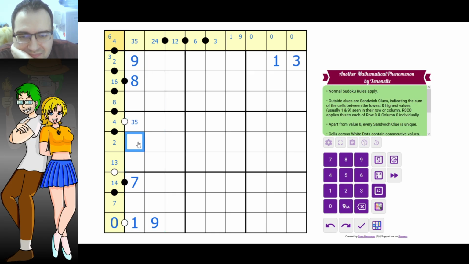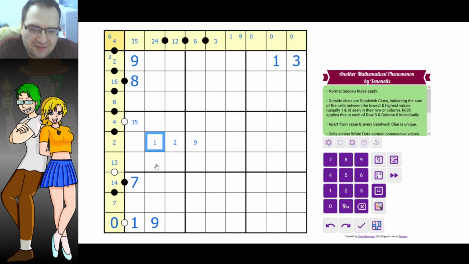But so, okay, none of this is the start. So what if this is, well, let's say if this is a 1, 2, 9. This breaks this. Because if this is a 1, we have 3 digits.